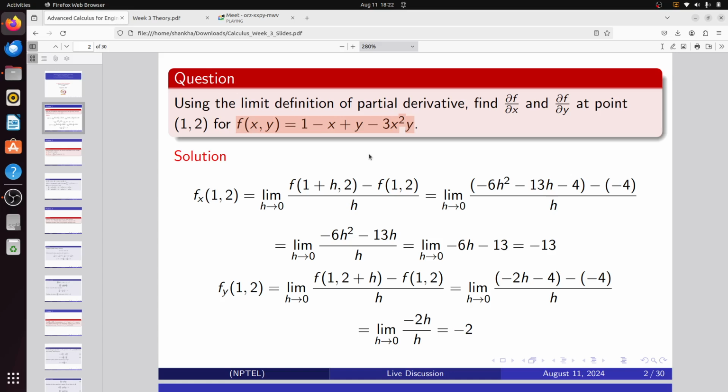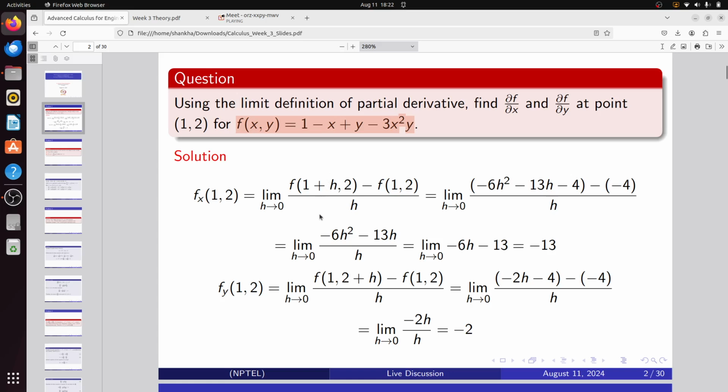Here there is no y, so del f del y is actually independent of y. If you put 1 instead of x, you will get 1 minus 3, so the final answer is minus 2. Here also we have observed the answer to be minus 2.